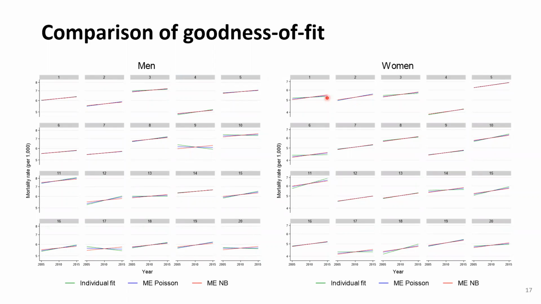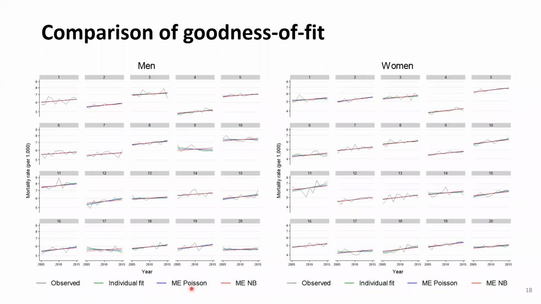And for women, some differences were in city 11 and so on. So it seems that there is a difference in city estimation between Poisson and negative binomial. And according to my eyes, this blue line is somehow closer to the green line as compared to the red line.